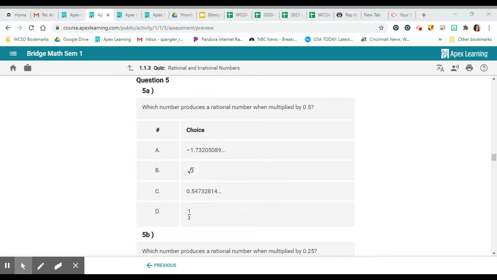Because if you would divide that on your calculator, or if you use Desmos, 1 divided by 3 is going to be 0.33333 repeating. And that is a rational number. And we just read that a rational number multiplied by a rational number, because that's what a product is, will give you a rational number.